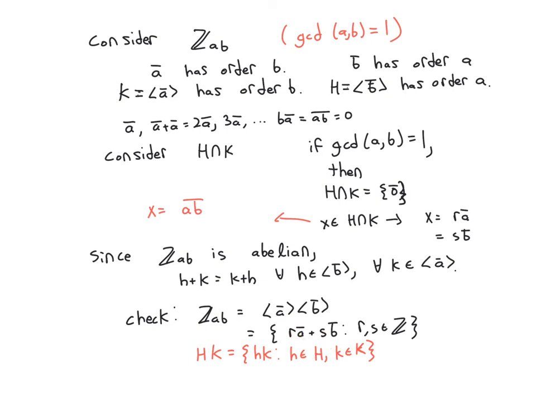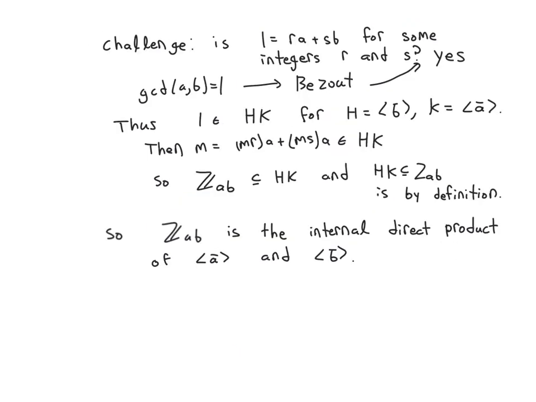An element in K looks like a multiple of B bar. And the group operation is addition, so we're looking at integer linear combinations of A bar and B bar. That is what this set is. And so our claim is that this actually gives you all the integers modulo AB. So the question you have to ask yourself is, is it possible to get 1 as an integer linear combination of A and B?